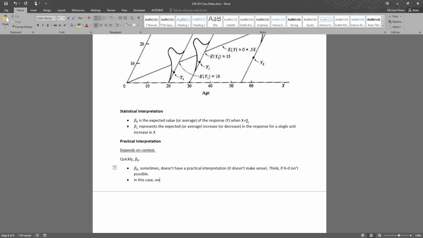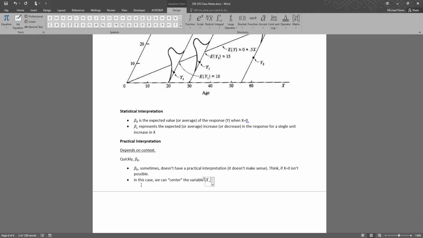In this case, though, we can do what's called centering the variable. All that this means, I'll give you the quick equation here, is that a centered x is just x minus x bar, or x minus the mean of x.